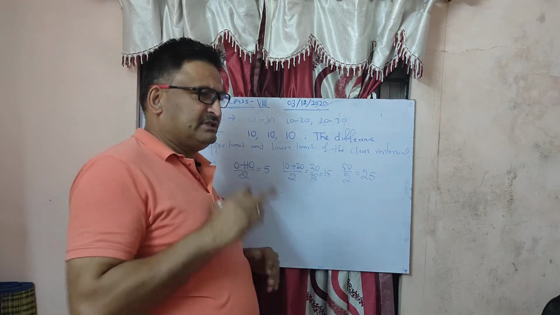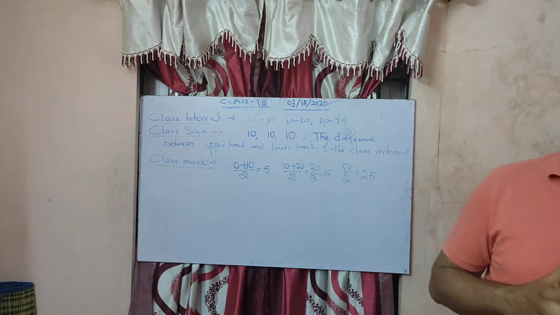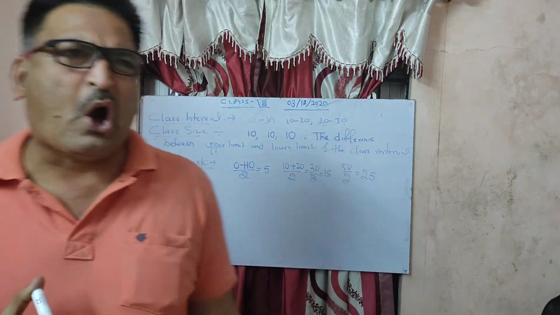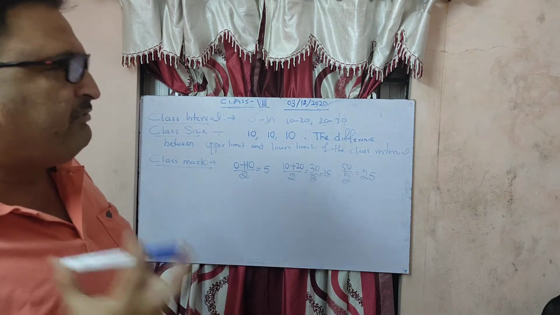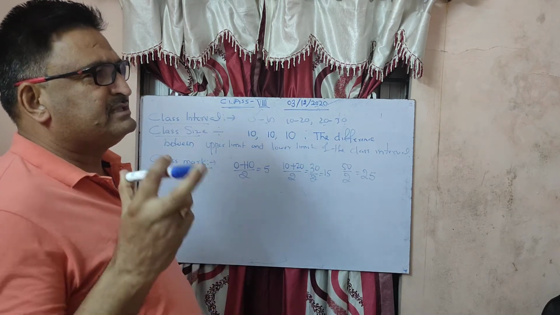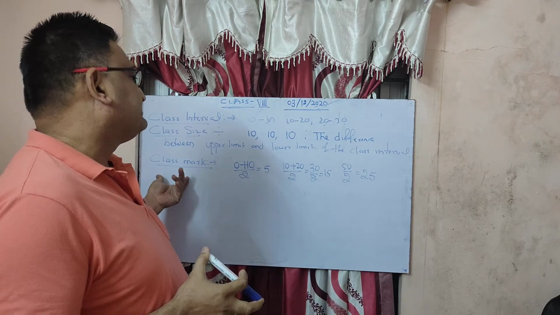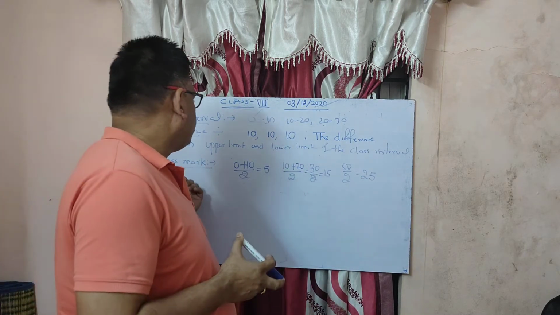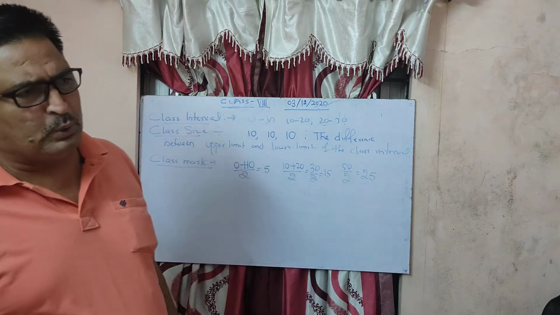If you write the numbers from 0 to 10 in the ascending or descending order, whatever number is in the midpoint, that number is called class mark. Or the other way to calculate class mark is just add these two numbers and divide by 2.